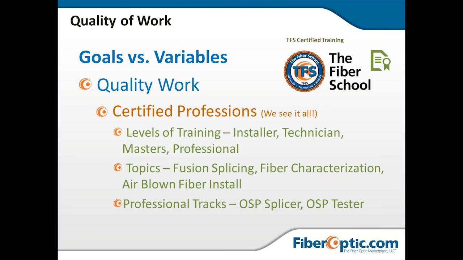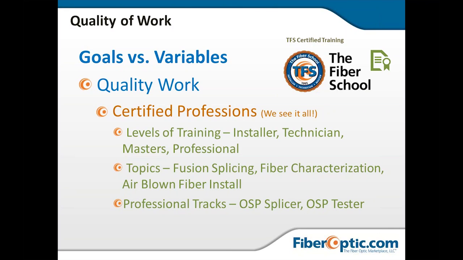To talk about some of that, as you'll see in the market nowadays, there are many different levels of training. I use as an example the fiber schools levels, which are installer, technician, master's, and a professional level training. That's the track you can follow to become proficient at any particular skill.